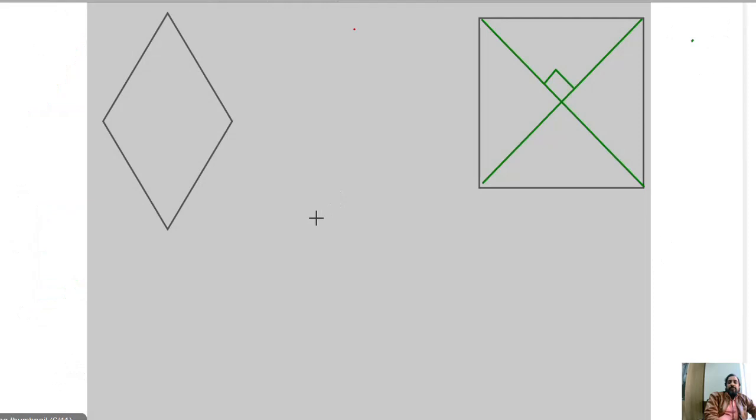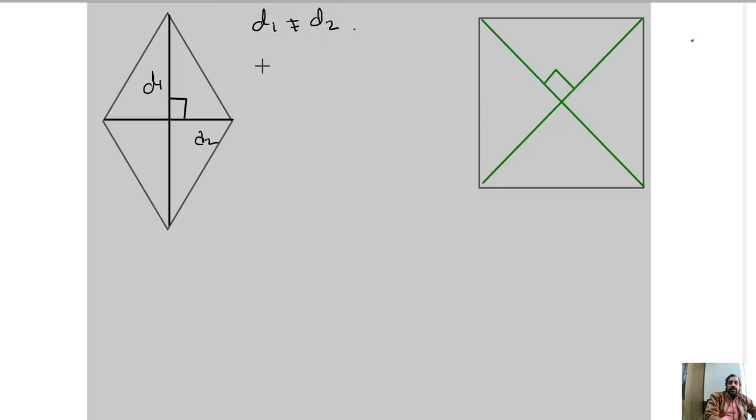Right. Coming to what is this? It's a rhombus. In a rhombus, two diagonals are there. Two diagonals bisect at a right angle, 90 degrees. Diagonals are not equal. First diagonal D1, second diagonal D2. D1, D2 are not equal, whereas all sides are equal.